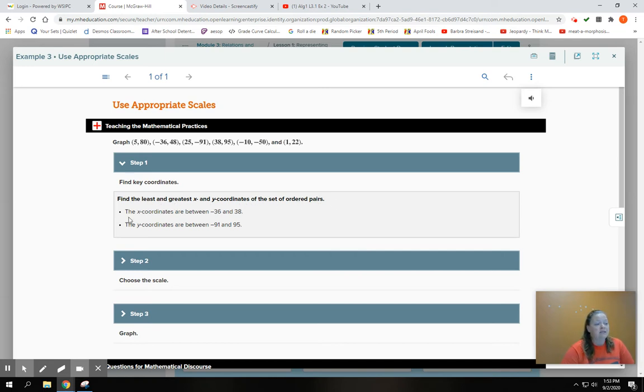When we're looking at our x's, the smallest one is negative 36 and the biggest one is positive 38. When we're looking at our y's, the smallest is negative 91 and the biggest is positive 95. From there, you can choose your scale.